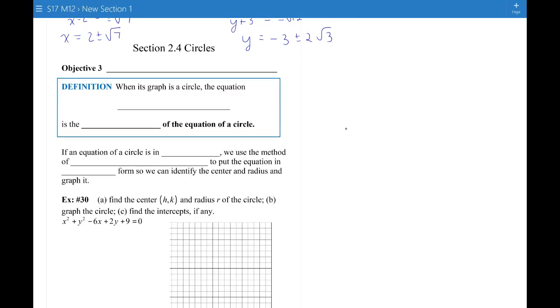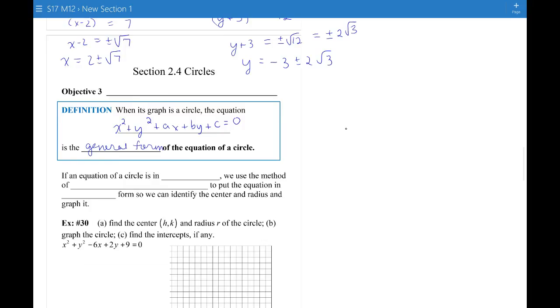Okay, so when its graph is a circle, the equation x squared plus y squared plus ax plus by plus c equals 0 is the general form of the equation of a circle.